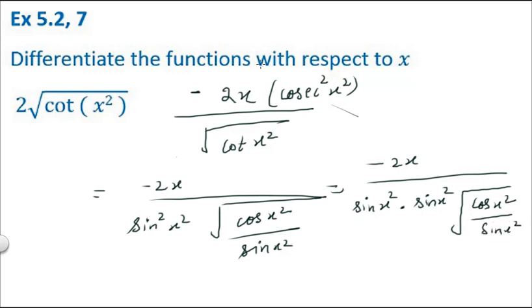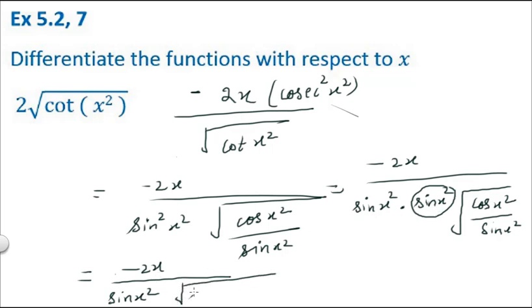Clear? Now what we can do is write minus 2x upon sine x square. If I take this sine x square inside the under root, it will be sine square x square, because when you take it out, you will be getting sine of x square, into cos of x square divided by sine of x square.